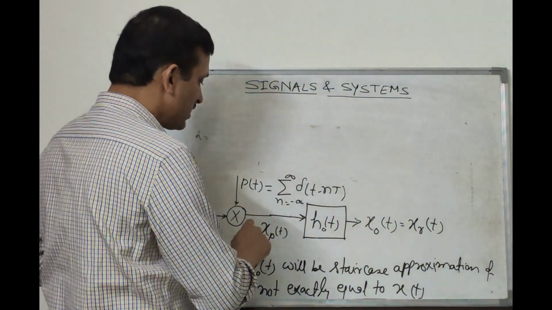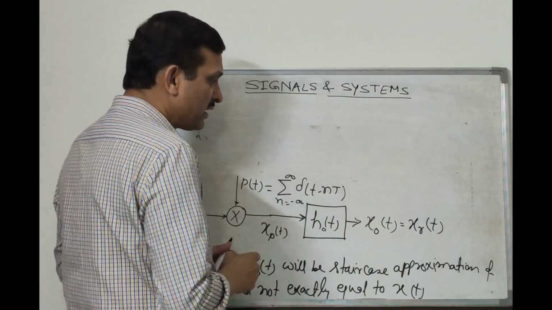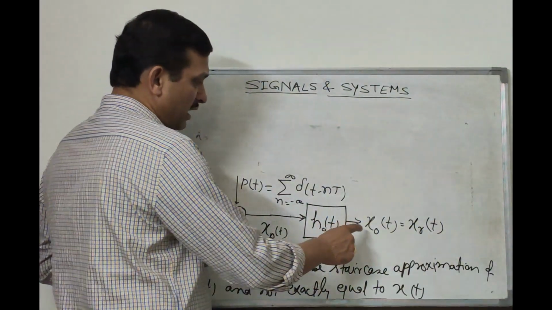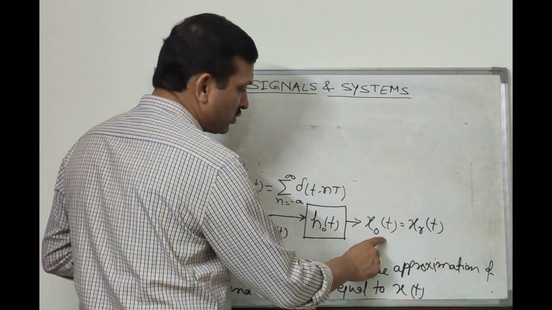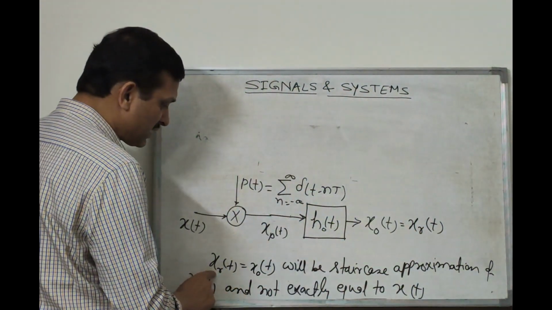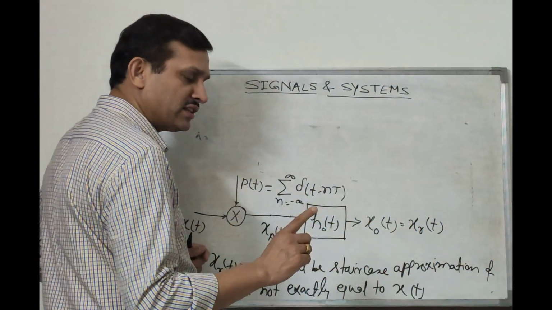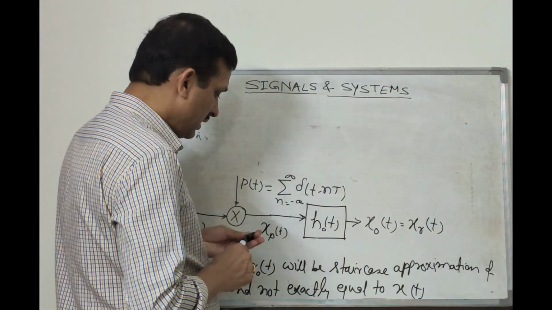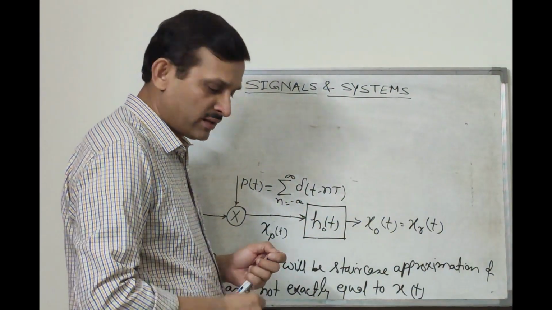That means if we are just passing through zero order hold and after that we are not applying a reconstruction filter which will reconstruct x_r(t) from x_o(t), then in this case the output of the hold is x_o(t). If you are taking this as a reconstructed signal, then this reconstructed signal x_o(t) will be a staircase approximation. We have already seen, and that will not exactly match with x(t). In that case, this is just an approximation of x(t). It is not equal to x(t).